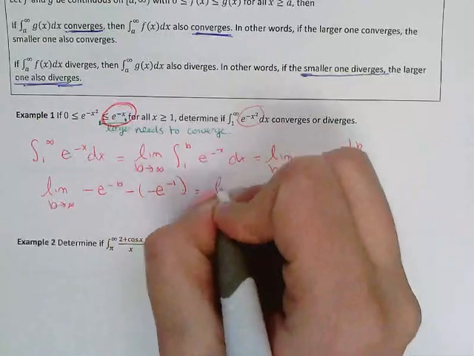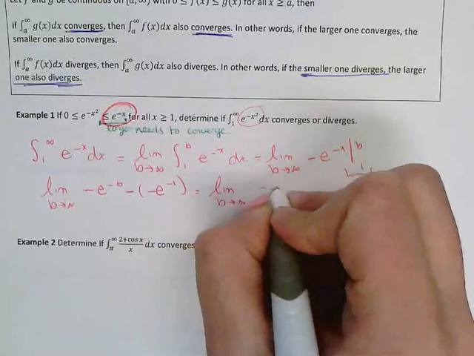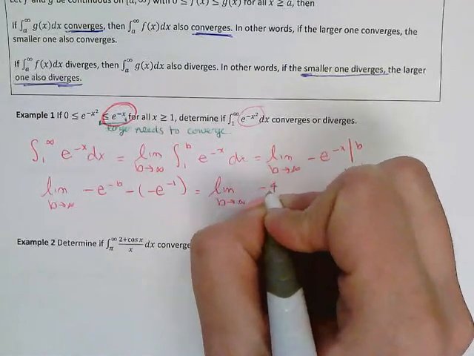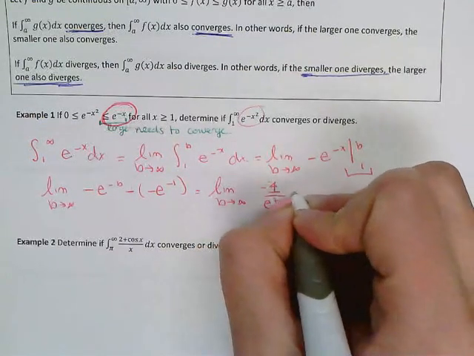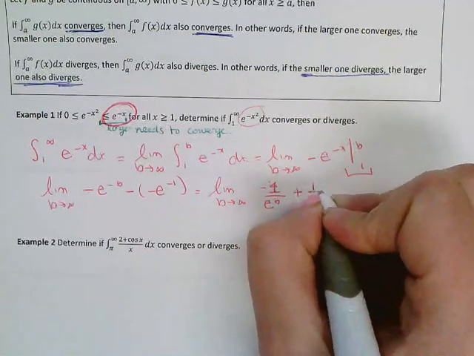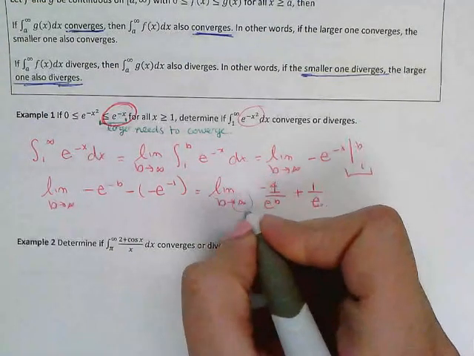So let's clean this up before we plug in our infinity. This is negative 1 over e to the b plus 1 over e. And now I can plug in my infinity.